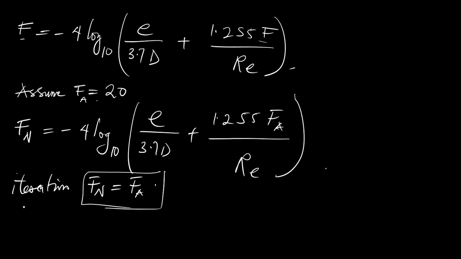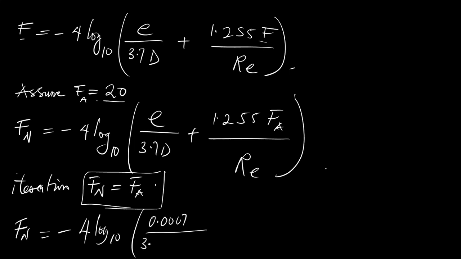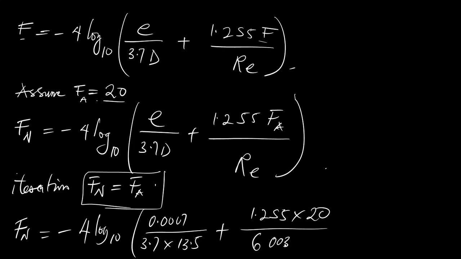Then we're going to stop. So since we have assumed F subscript A to be 20, F subscript N, the new value, will be minus 4 log base 10 of E, which is the roughness, 0.0007, divided by 3.7 divided by 13.5 plus 1.255 times 20 divided by 6,003,628.2.